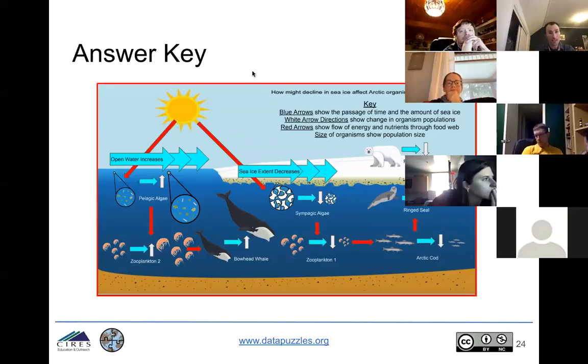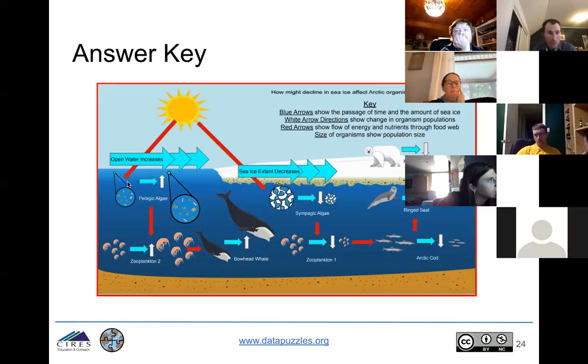In this case, these arrows mean different things. This is what a gotta have checklist could be useful for, talking about modeling conventions and what different color arrows could mean. In this case, blue is passage of time, white is direction in terms of population, and red is showing the flow of energy.